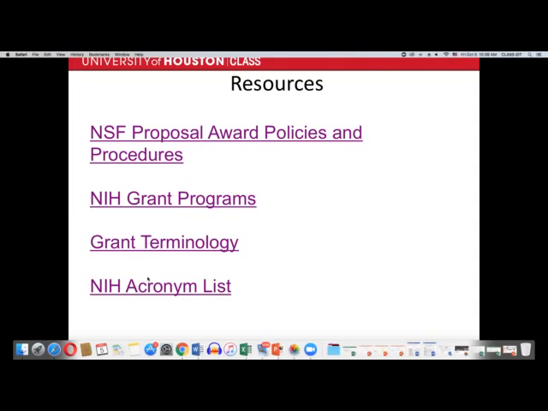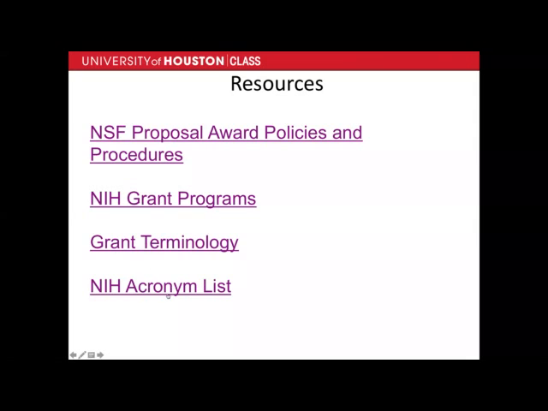And then lastly, this one you definitely want to familiarize yourself with, because I feel like the whole world of NIH is nothing but acronyms, as if there aren't already a gazillion acronyms in grants in general. NIH has a complete set of acronyms.